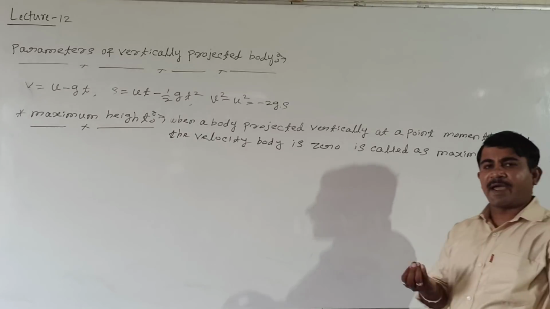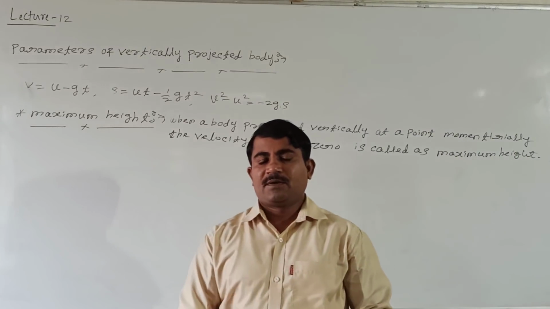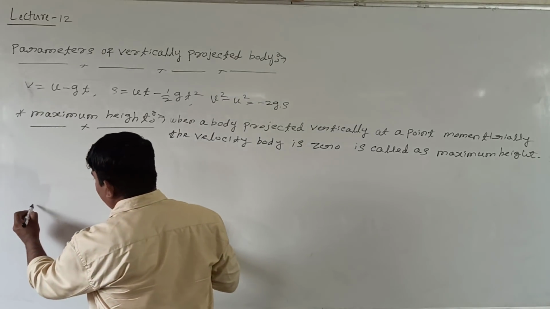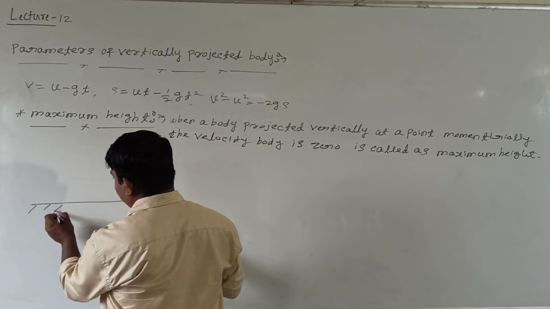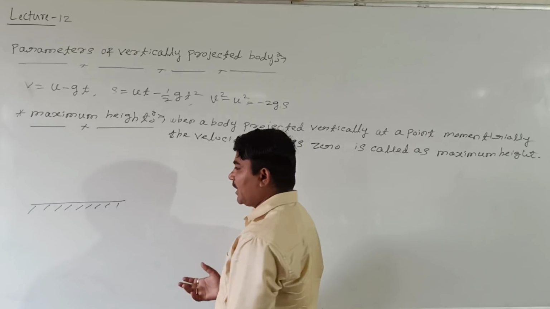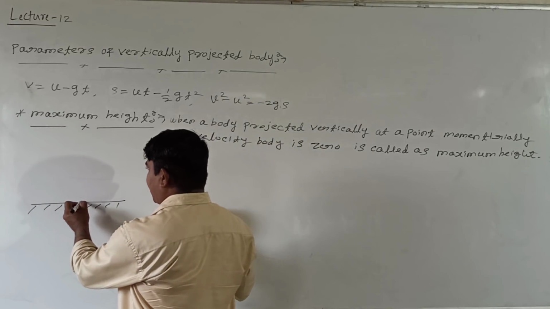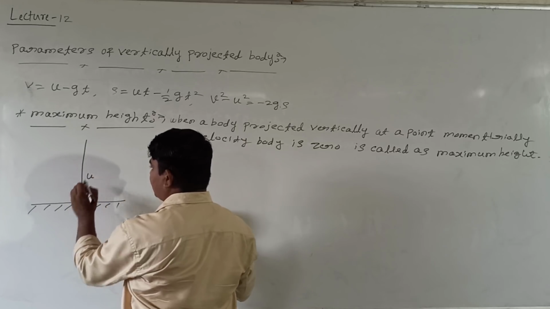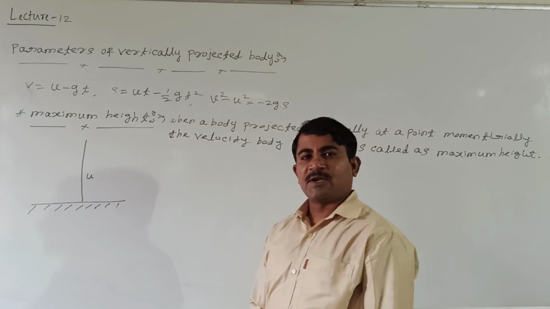See here how the maximum height is there. Let us take this as the ground. From this ground, let us take the body projected vertically like this, with initial velocity u.